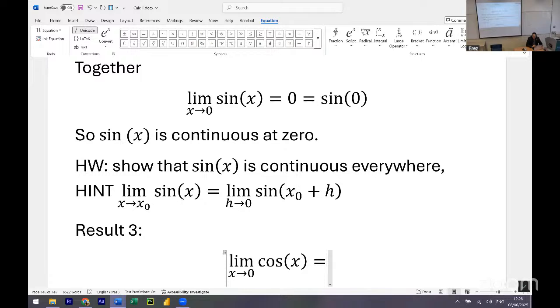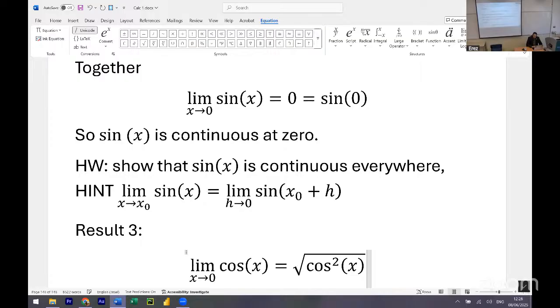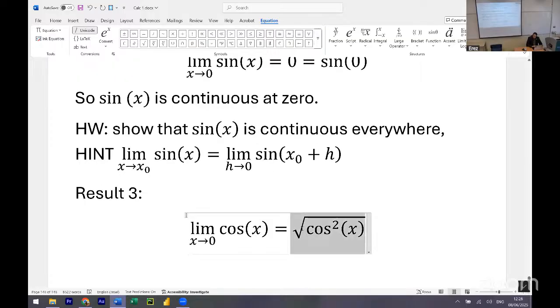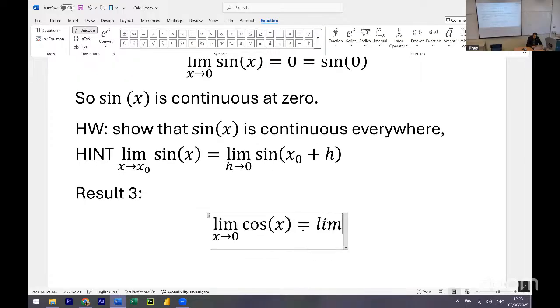Right, yeah. It's easier than that. Cosine of x equals the square root of cosine squared of x. Of course. And you do need to say something else about it.